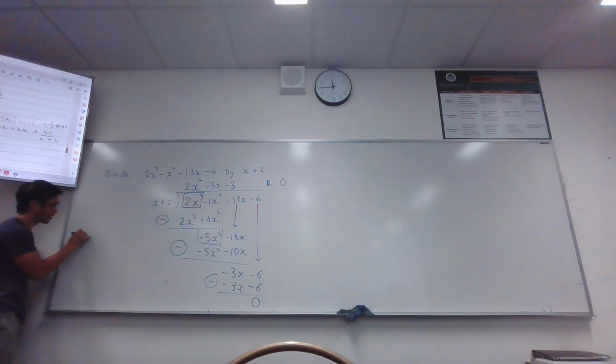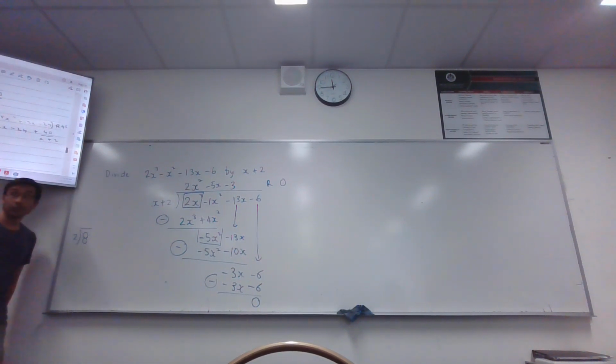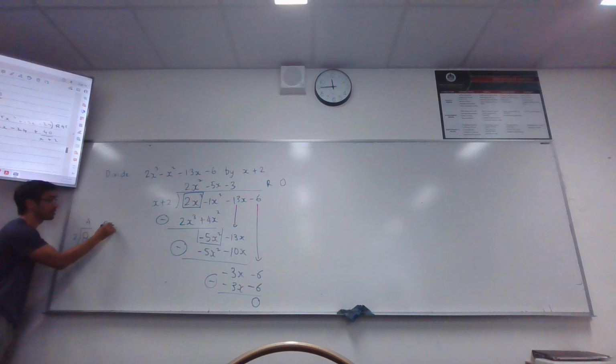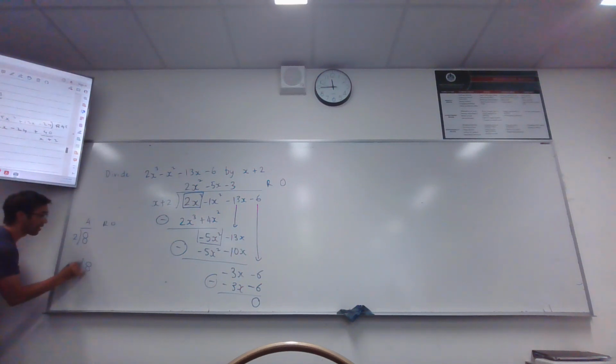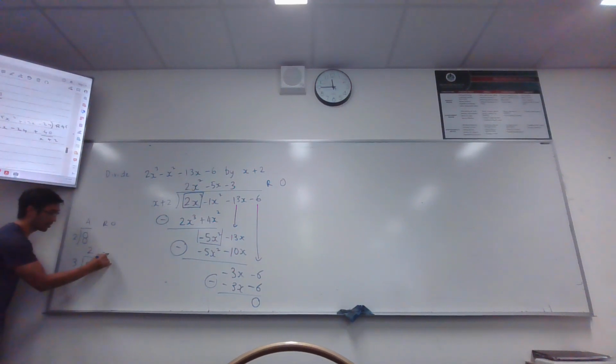Okay, so 8 divided by 2 is 4 exactly. It fits nicely. It's a factor. It's a remainder 0. But 8 divided by 3, how many 3's in 8? There's 2. Remainder 2.